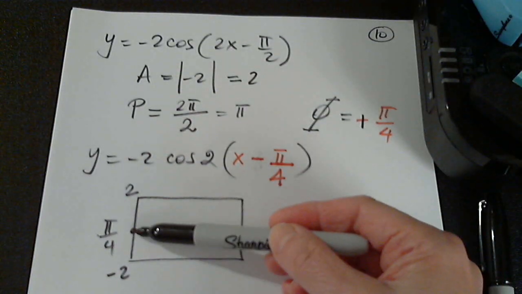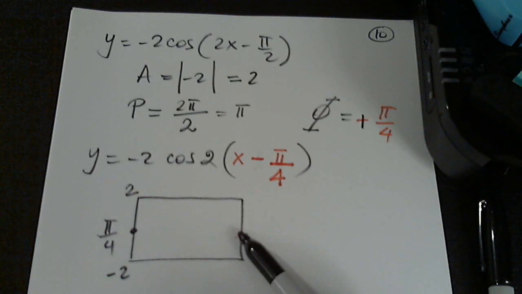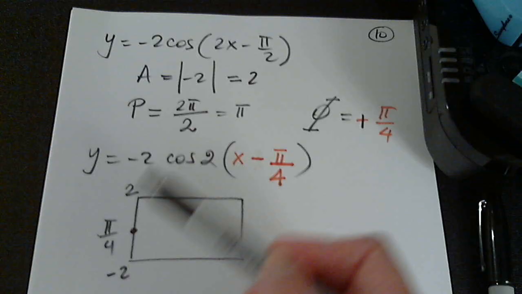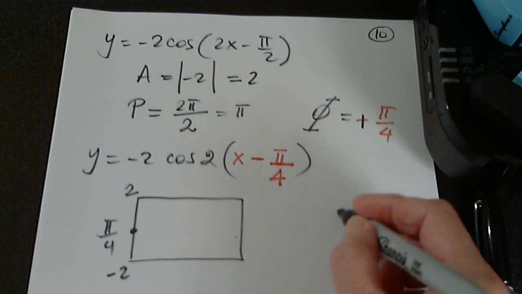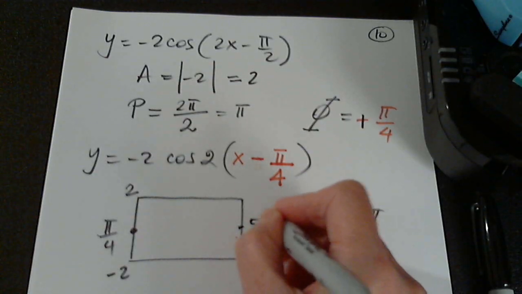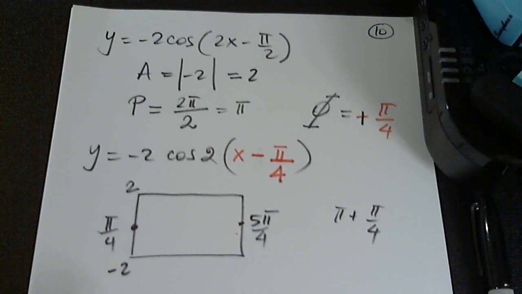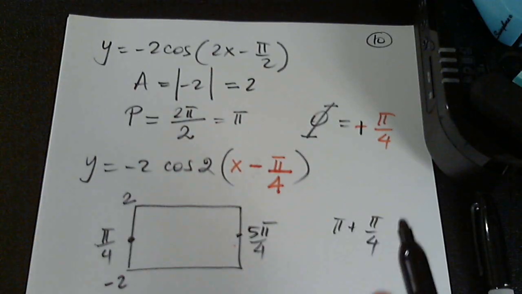And because we start at pi over 4 and we add pi, because I want to see the entire graph, pi plus pi over 4 is 5 pi over 4. Between this and this, I should see a complete period.